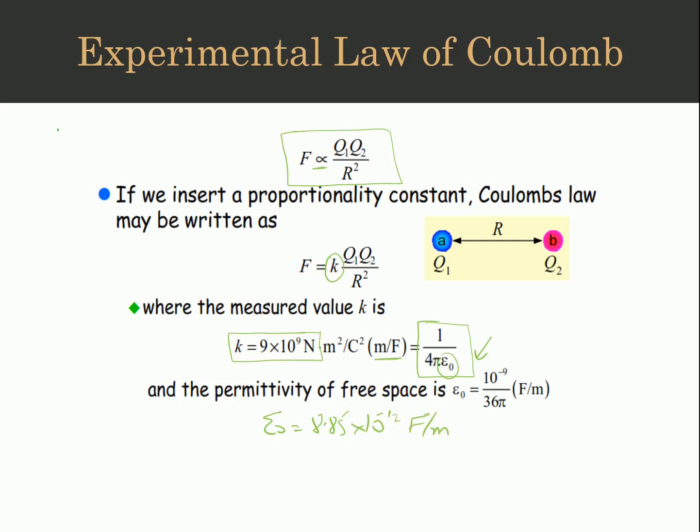If you incorporate this value, you get the value of k, which is the proportionality constant. So these are the equations and values provided by Coulomb's law whenever we want to find the force that exists between two charges.